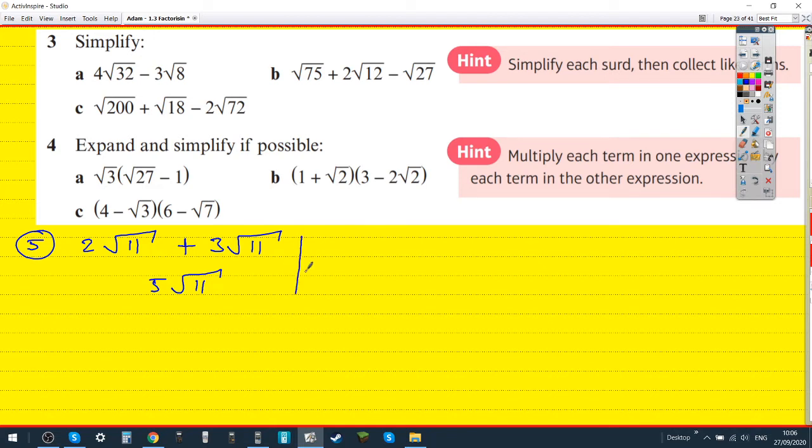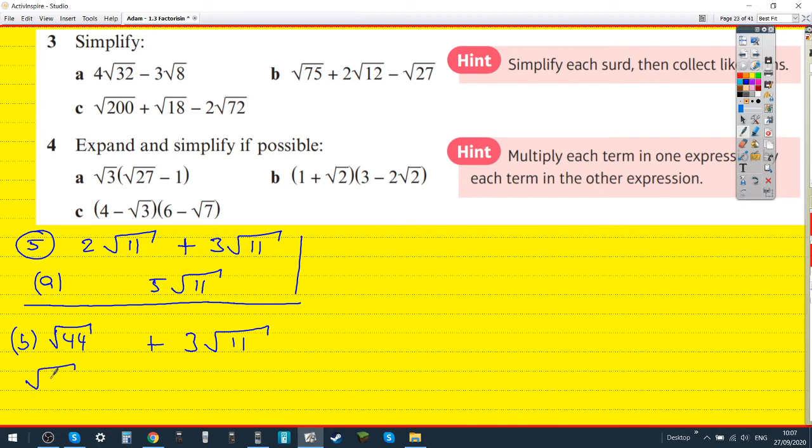How would you do root 44 plus 3 root 11? It's simplify root 44. What does it simplify down to? 11 and 4.